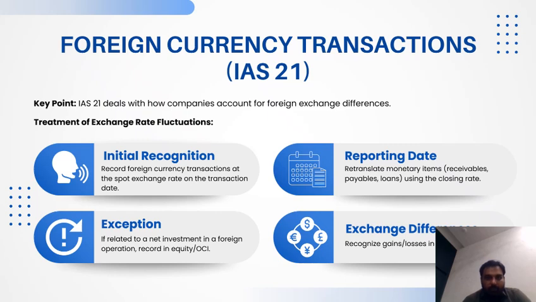If exchange rate fluctuations occur, the differences are usually recognized in the profit or loss statement. However, if the differences relate to a net investment in a foreign operation, then they are recorded in equity and other comprehensive income.